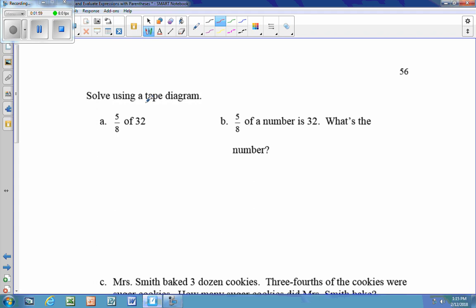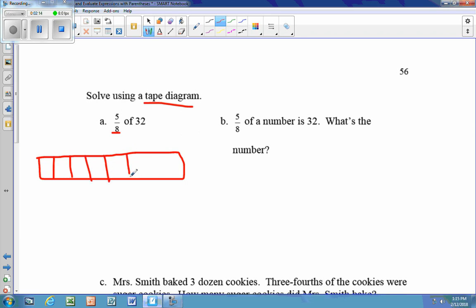Next, it says to solve using a tape diagram. 5/8 of 32. So we're going to draw our tape diagram. And it says 5/8 of 32, so this 8 tells me I'm going to need 8 pieces. And it's of 32, so this whole thing is 32.